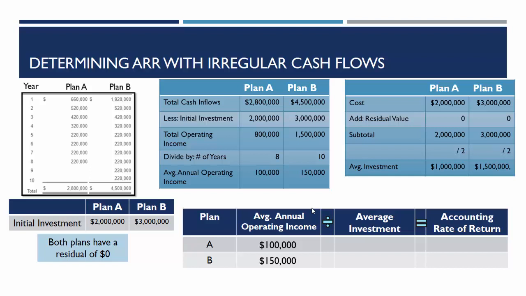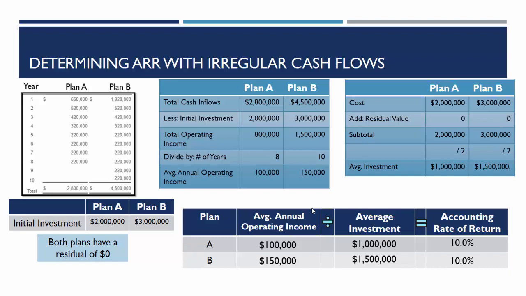Neither of them has a residual value, so both will be worth 0 at the end of the life of this investment, which means to find the average of those two numbers, we just divide by 2. It'll be $1 million for your average investment in Plan A and 1.5 million for your average investment in Plan B, which means the accounting rate of return on both plans is actually 10%.